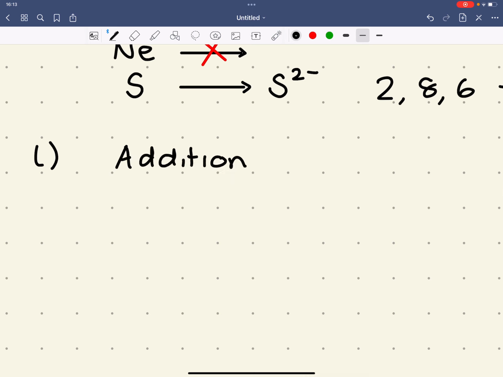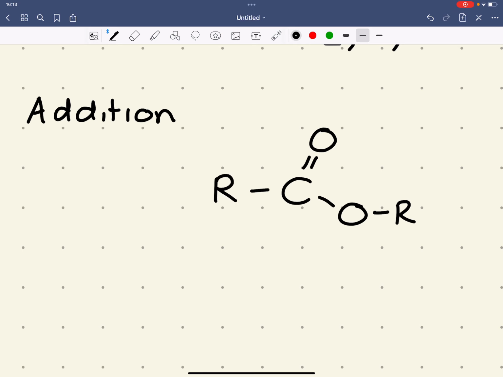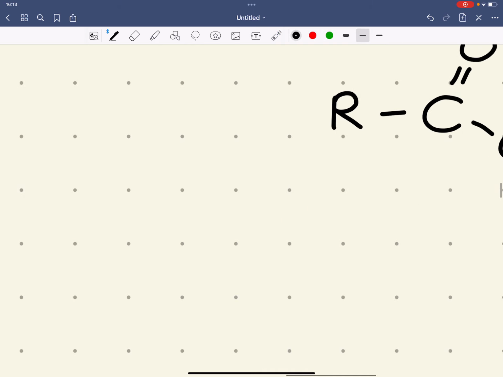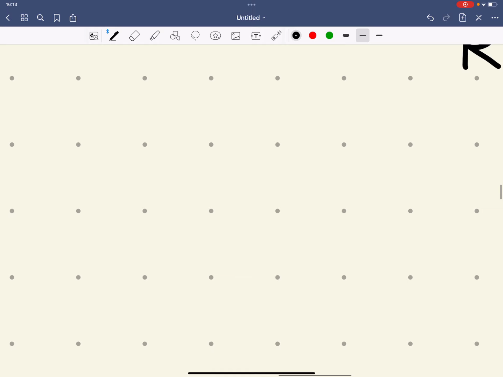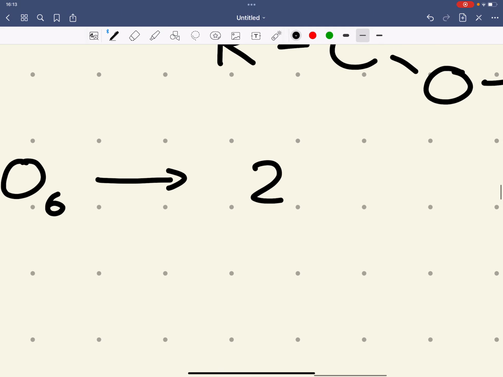Esterification is where we form an ester, and that is when we form this functional group. Again, this can be formed in various ways, but esterification is when this functional group is formed. Fermentation is obviously glucose reacting to form ethanol and carbon dioxide.